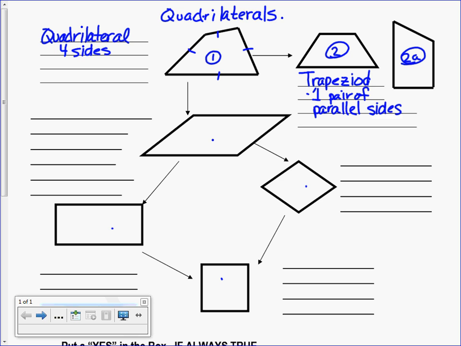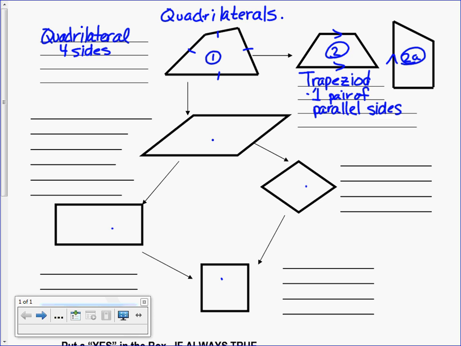Now you can see that both of these images are trapezoids. They don't look alike, but they're both trapezoids because this side and this side are parallel, and that's how we mark parallel sides, by the way, on that image. These sides here aren't parallel, so it wouldn't be anything other than a trapezoid.